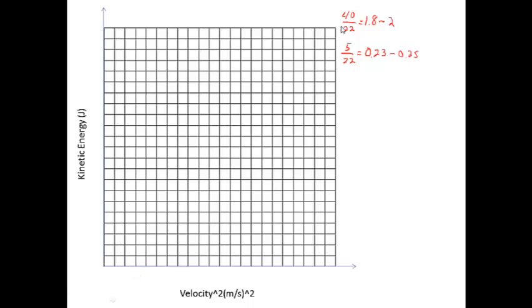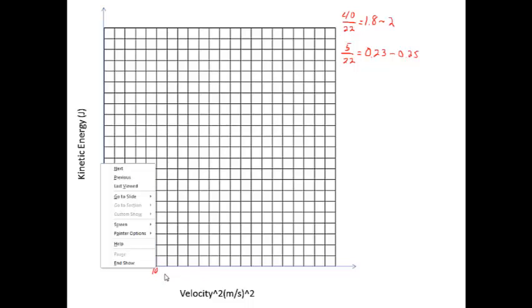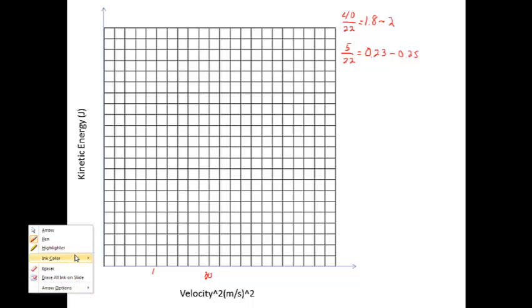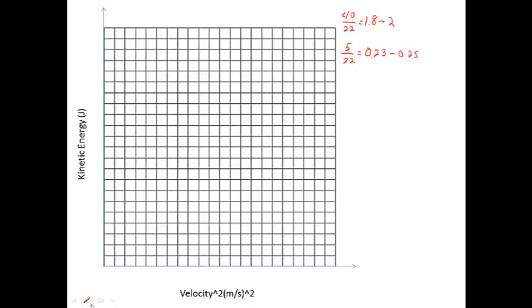So my velocity squared went up to 40, so I'm going to go up by 2's. So 2, 4, 6, 8, 10. Whoa, let's erase some of that. Try that again.